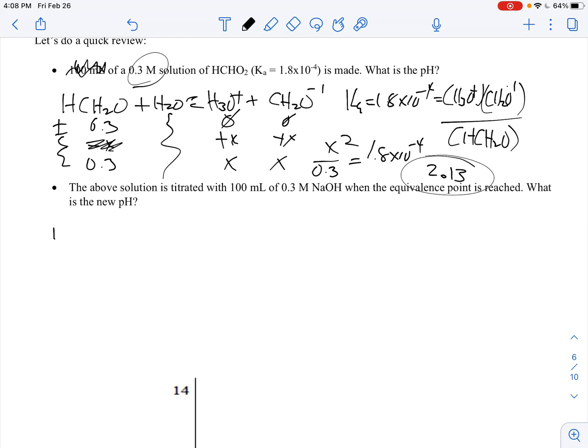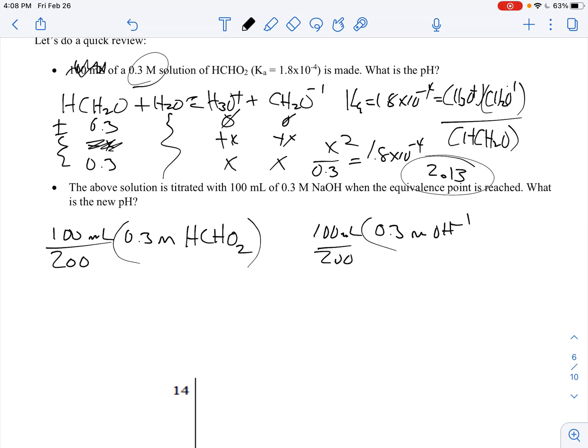So first of all, we have to recognize that we have 100 milliliters of 0.3 molar HCHO2, and I'm mixing that with 100 milliliters of 0.3 molar sodium hydroxide, which is the OH that's there. When I mix them together, remember they dilute each other, so it's really going to be 100 200ths of each, which makes sense. So that's going to end up being 0.15 molar of everything.